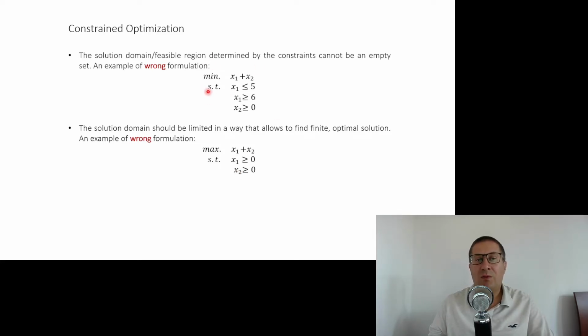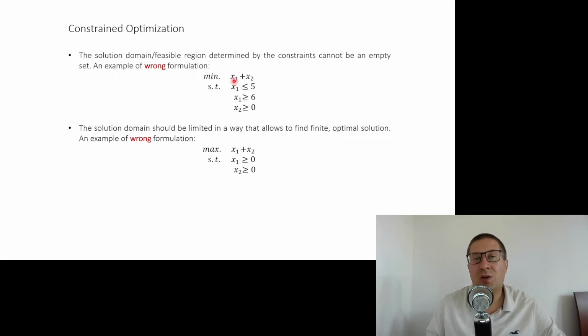One more example of a wrongly formulated task. Here we have to remember that the solution domain, or we call it the feasible region, determined by constraints, cannot be empty. It cannot be an empty set, because otherwise there is no solution of this task.